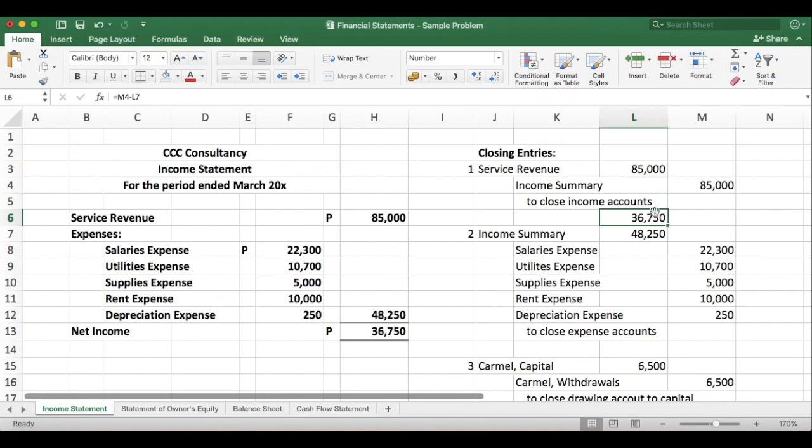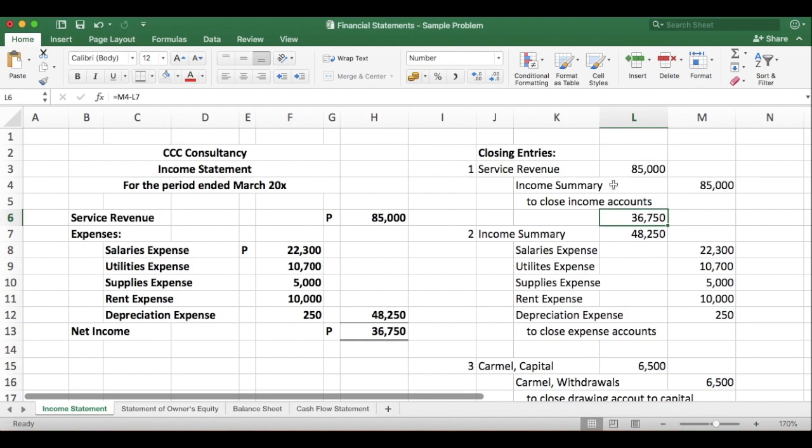So since we got here the difference of 36,750, you look at now what is the balance. 85,000 is higher and it was credited to income summary, meaning the income summary has a credit balance of 36,750. We have to make the income summary 0.